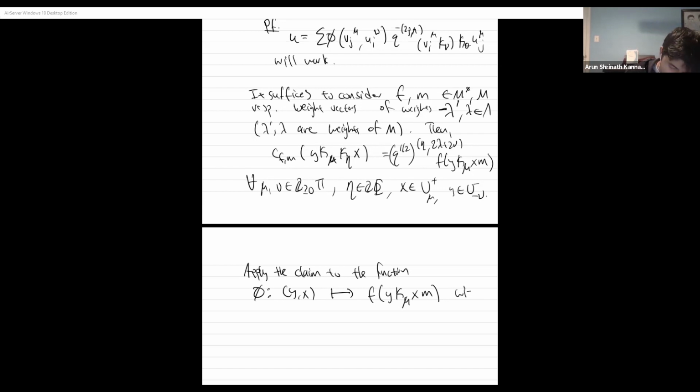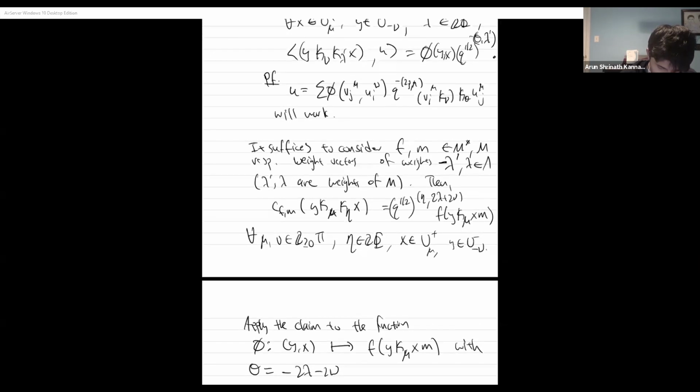And take theta to equal minus 2 lambda minus 2 nu. The point is that this thing looks really similar to that. That's all there is, and so this thing and theta should play the same role.